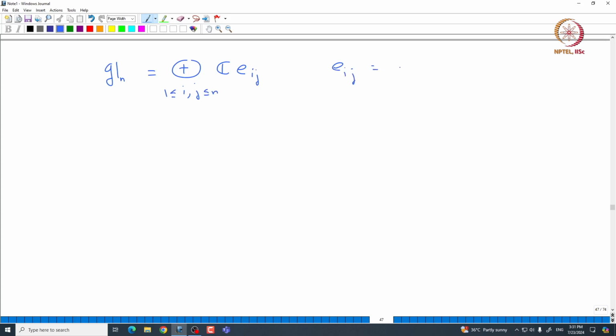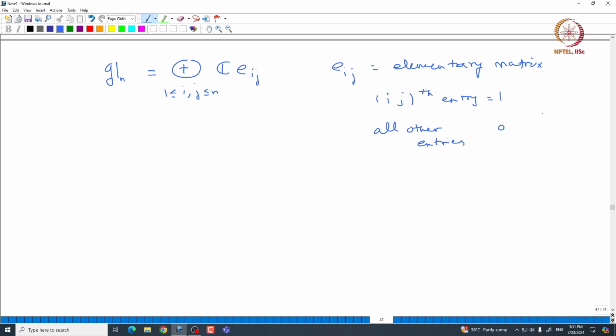This is the ijth elementary matrix. Okay. So, this is the elementary matrix whose ijth entry is 1 and all other entries are 0.